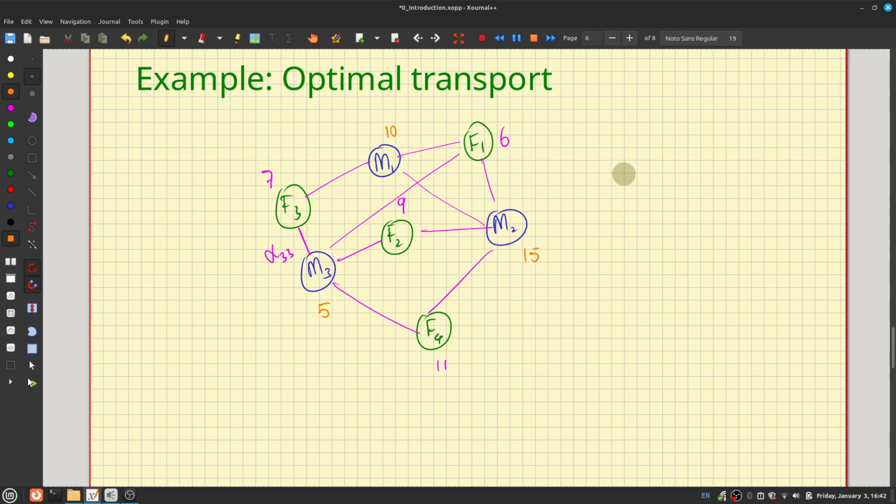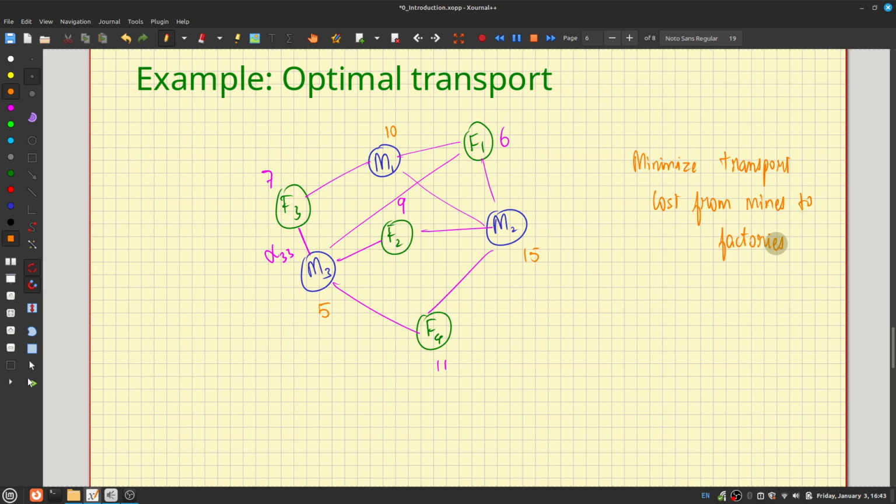So the engineering problem is minimize transport cost from the mines to the factories. Right? The total transportation cost that is involved.